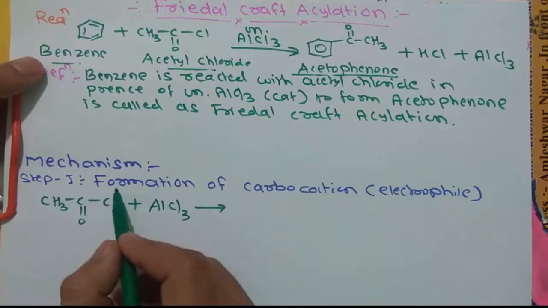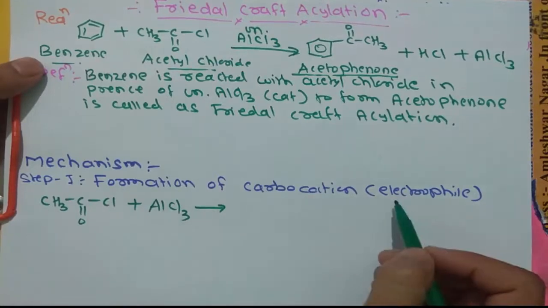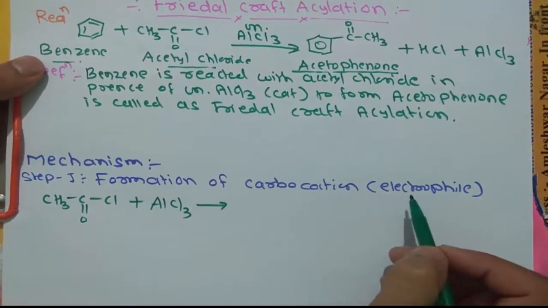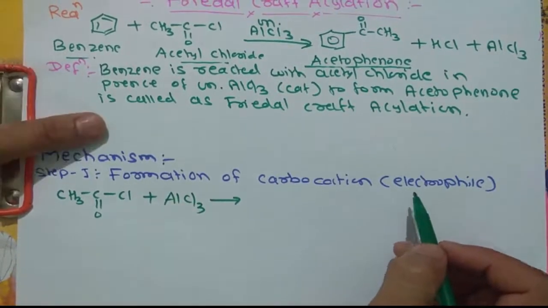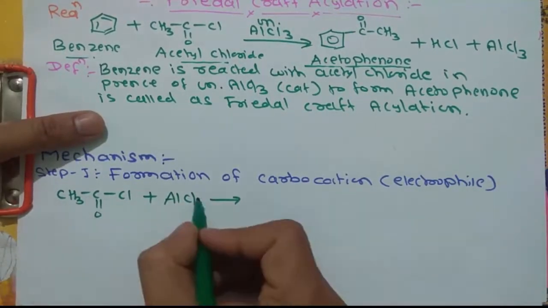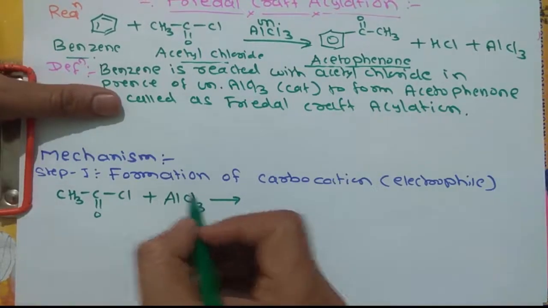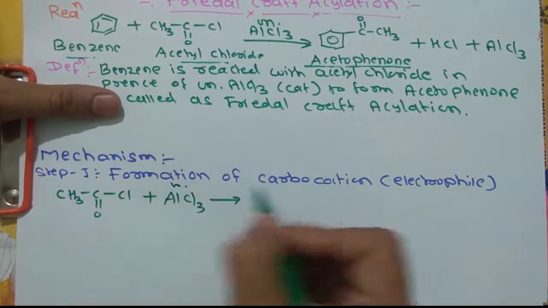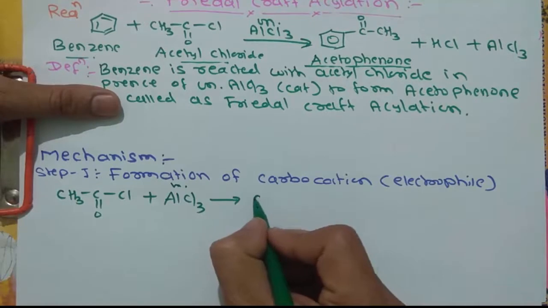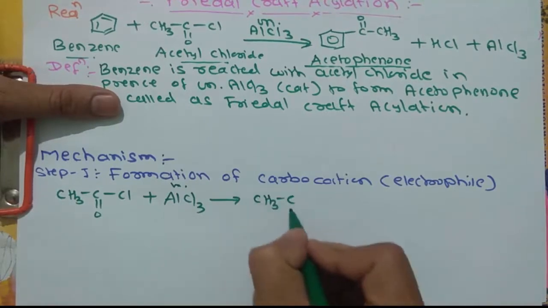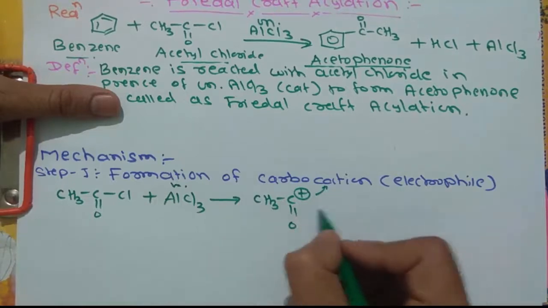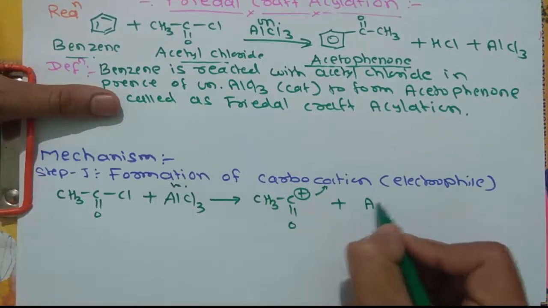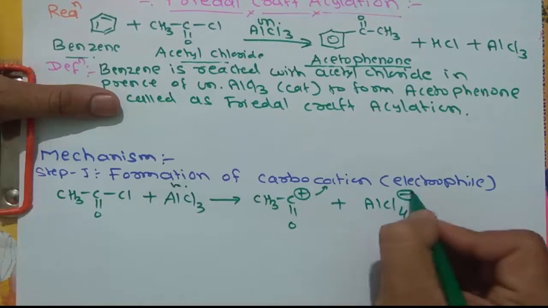In step first, the formation of carbocation takes place. The acetyl chloride is reacted with anhydrous aluminum chloride to form the carbocation CH3-C double bond O with a positive charge, plus AlCl4 minus.